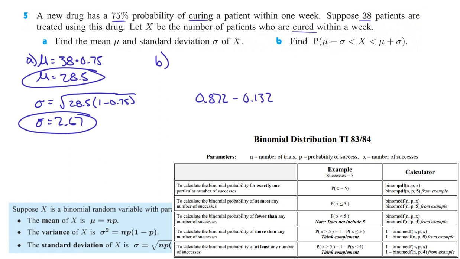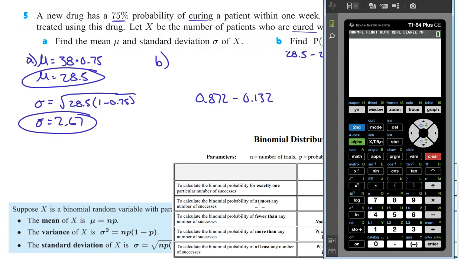So the mean minus the standard deviation, so that's going to be 28.5. Sorry, I'm not sure why that's not showing up. Minus 2.67. And then 28.5 plus 2.67.